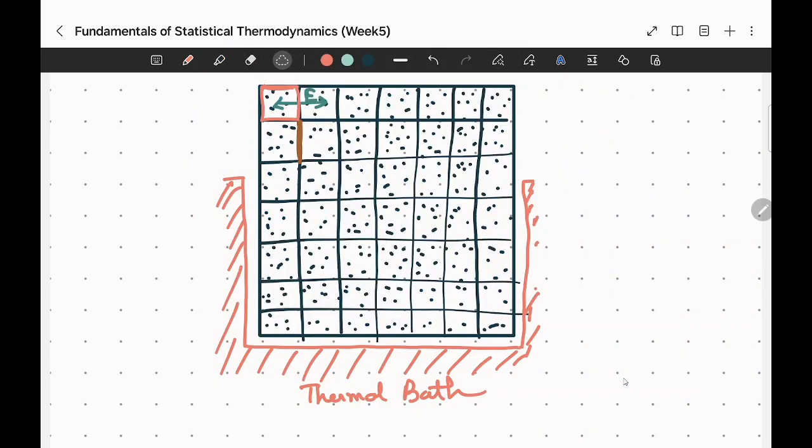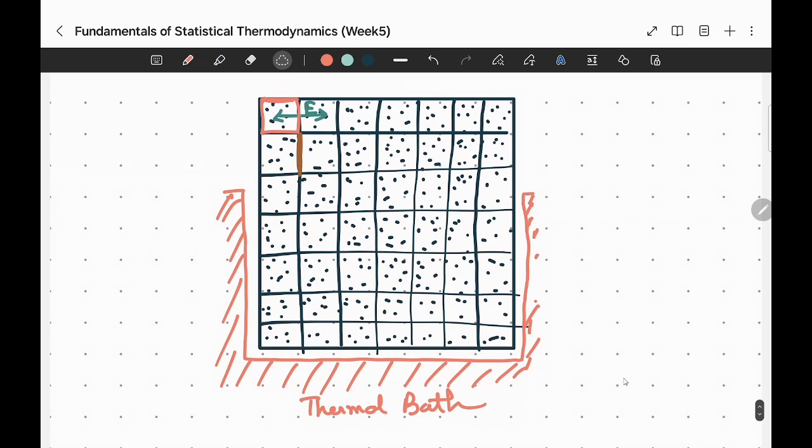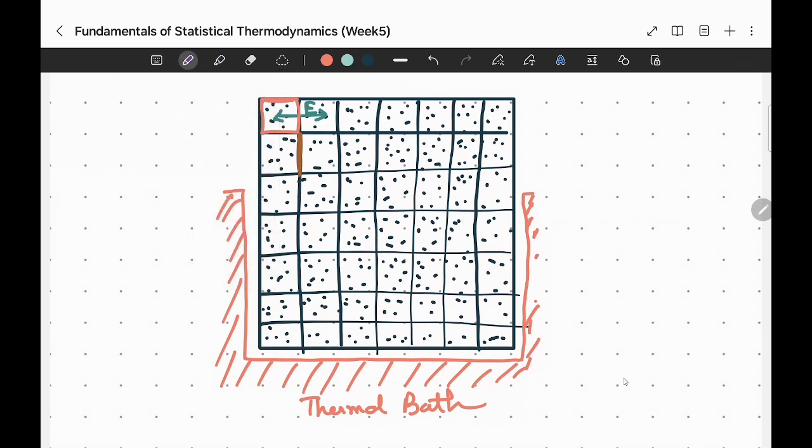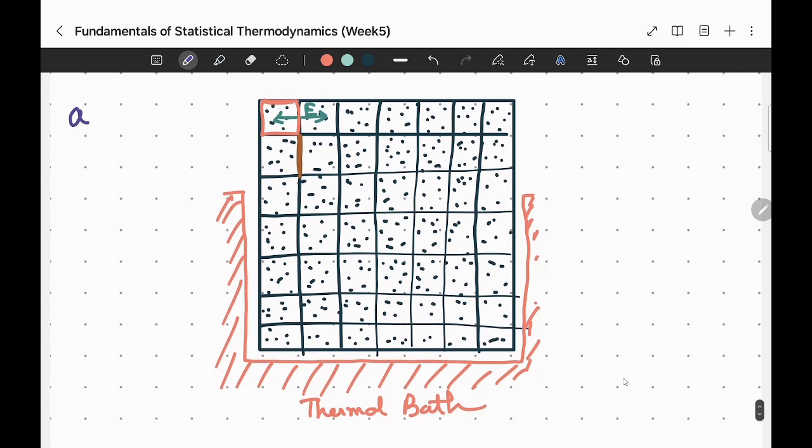Okay, so let me do it. There are an infinite number of copies, right? These copies are called microstates, which we have discussed. Let's say there are a1 copies, a1 number of microstates with the energy e1, a2 microstates with the energy e2, a3 microstates with the energy e3, like this.